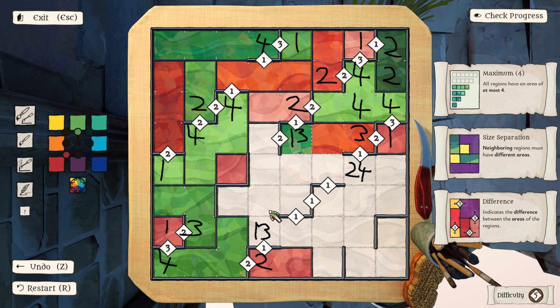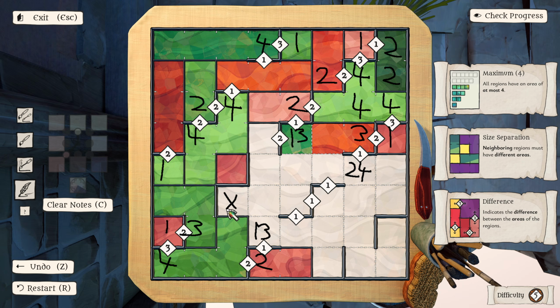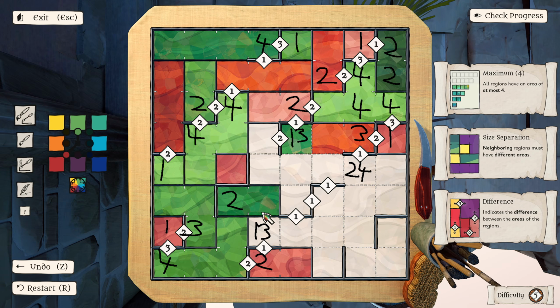Where can we go? Well, this tile here is already touching a 4 and is already touching a 3 and a 1. So this tile has to be a 2, which means that has to go to there. So a 1 and a 3 sandwich between 2s and 4s either would be viable.